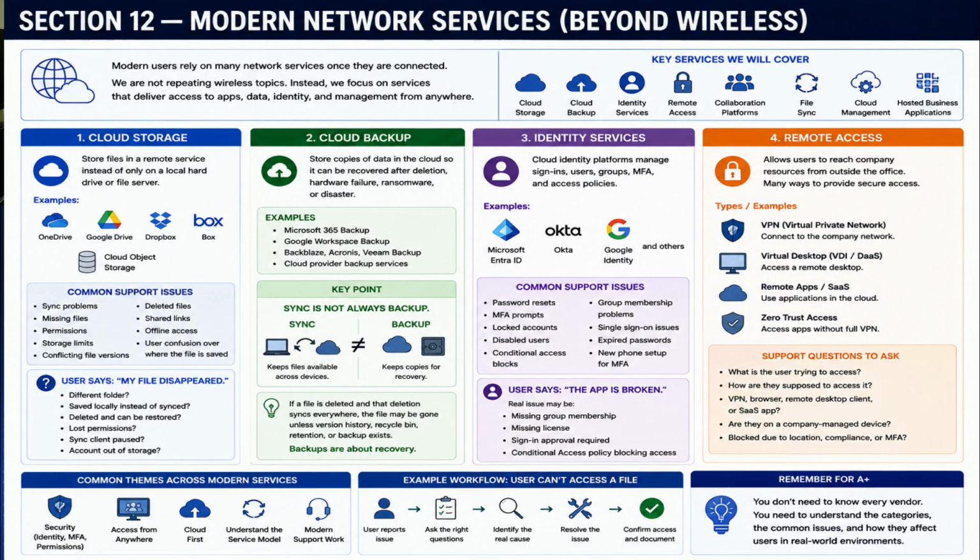Are they using a remote desktop client? Are they using a SaaS app? Are they supposed to be on a company managed device? Are they blocked because of location, device compliance, or MFA? Again, the point here, don't just memorize every single vendor. The point is to understand the categories. Modern network services are about delivering access to applications, data, identity, and management from anywhere.